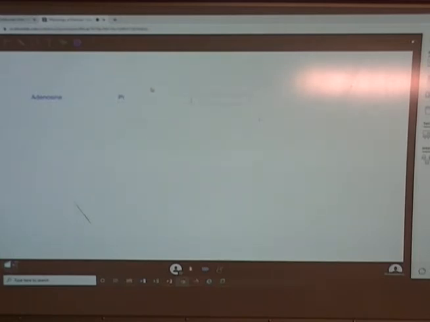It's too far away. I need to be able to make them smaller. Capital P. It's so much easier on the regular whiteboard.